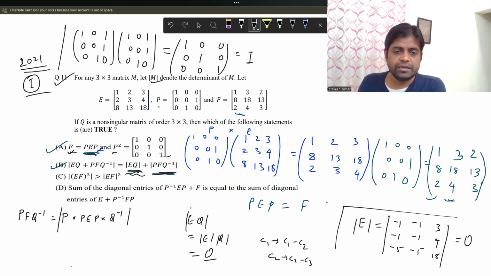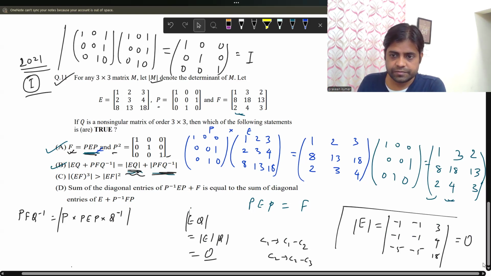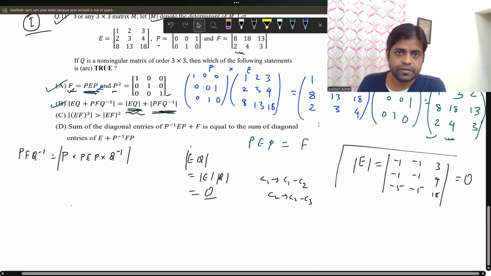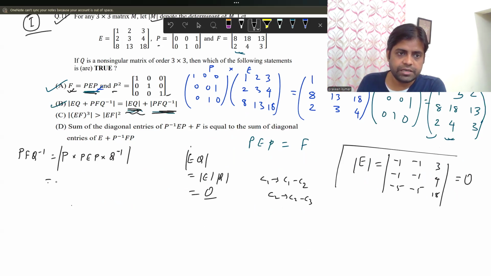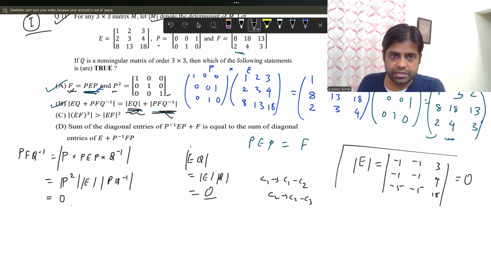So here, if you find the determinant value of this whole thing, this will be the determinant of P, then determinant of P square, or we can write it like this also, P square determinant, then determinant of E, and then determinant of PQ inverse. The thing is, determinant of E is 0. So this whole determinant is equal to 0. It means this is also 0.